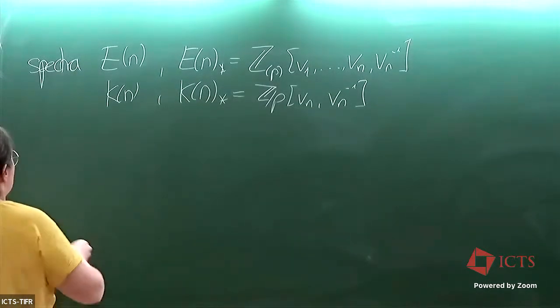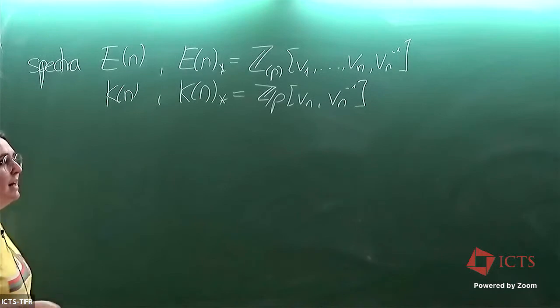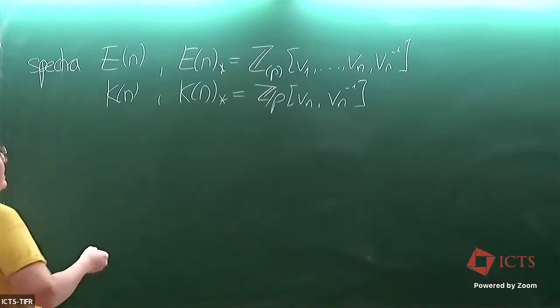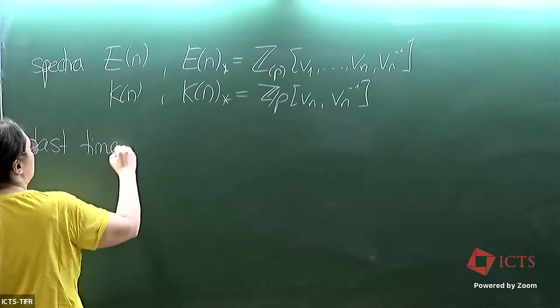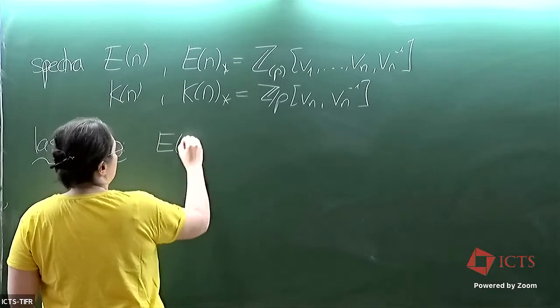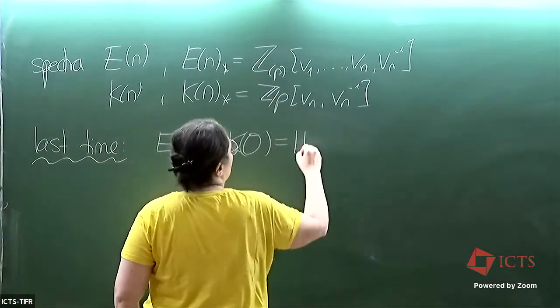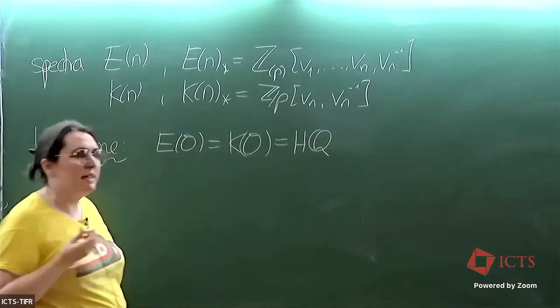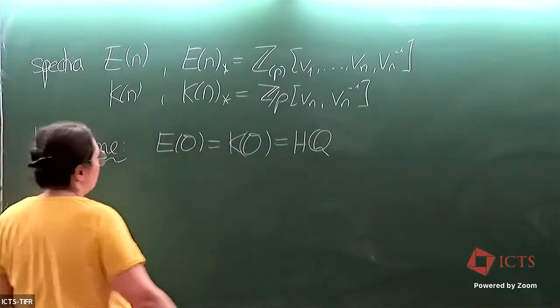And then last time we mostly looked at what happens at n equals 0 and n equals 1, and a little bit about what people can do at n equals 2. So we saw that at level 0, everything is rooted in just rational homotopy theory.